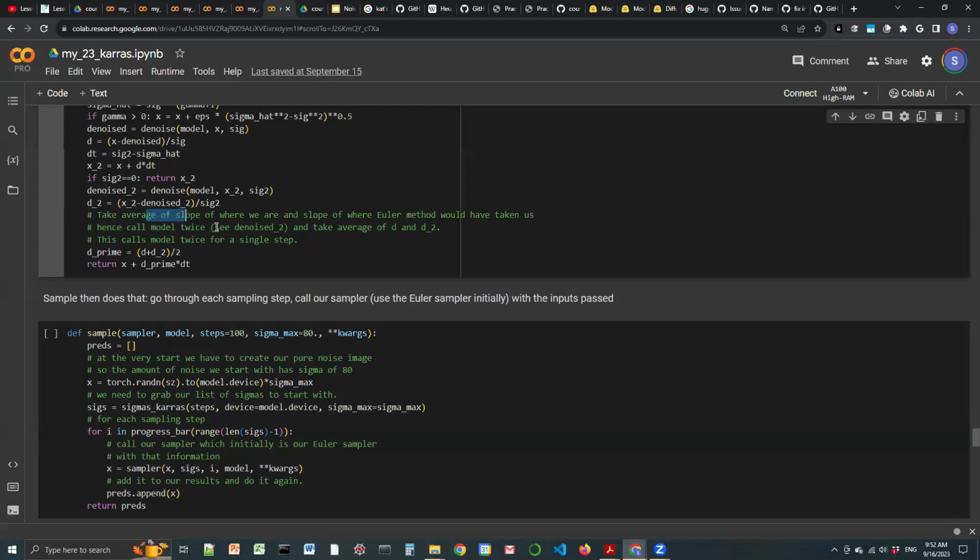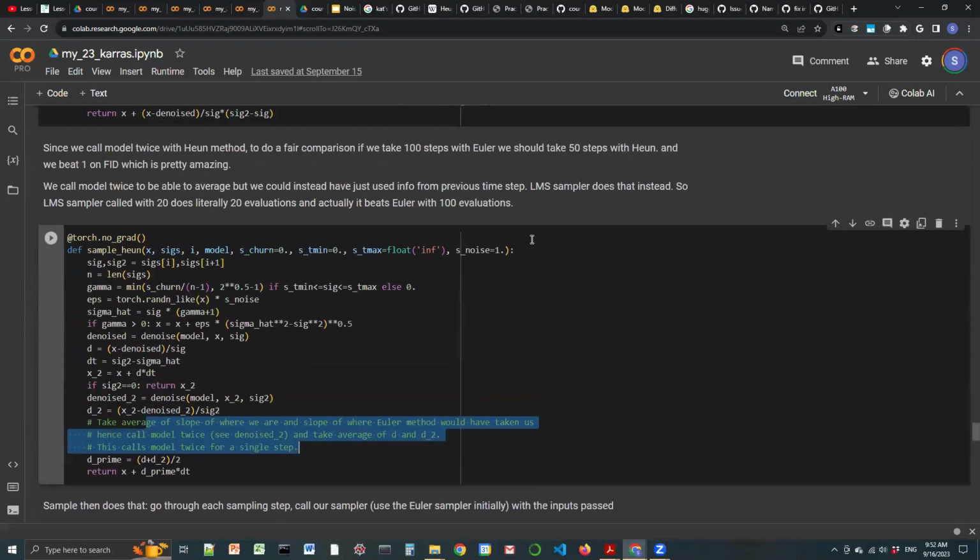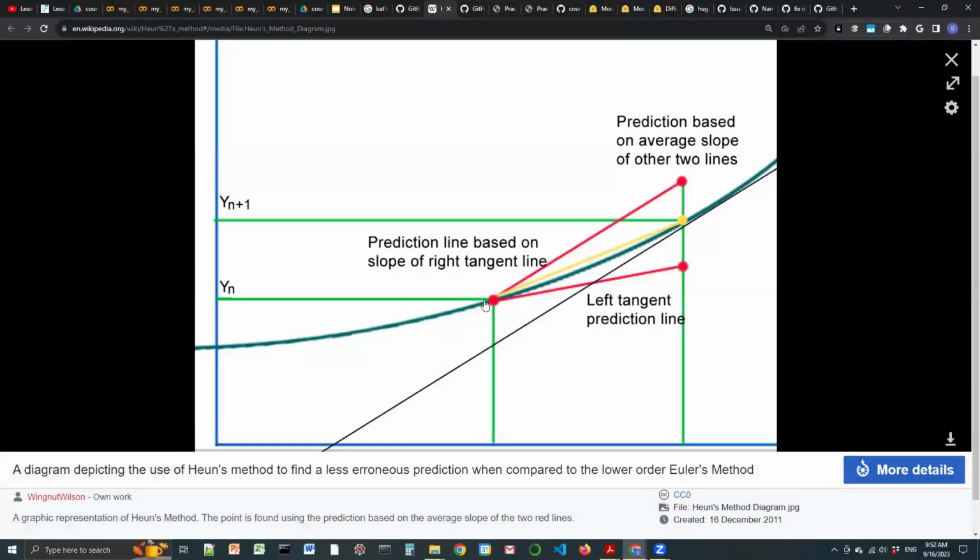So basically, here you take the average of the slope between 2 different points. If you look at the Hune method, and for those of you who are familiar with the math of doing the derivatives, this is what the Hune method does. This is the point at which you take it, and this is the future point where you would have ended up.